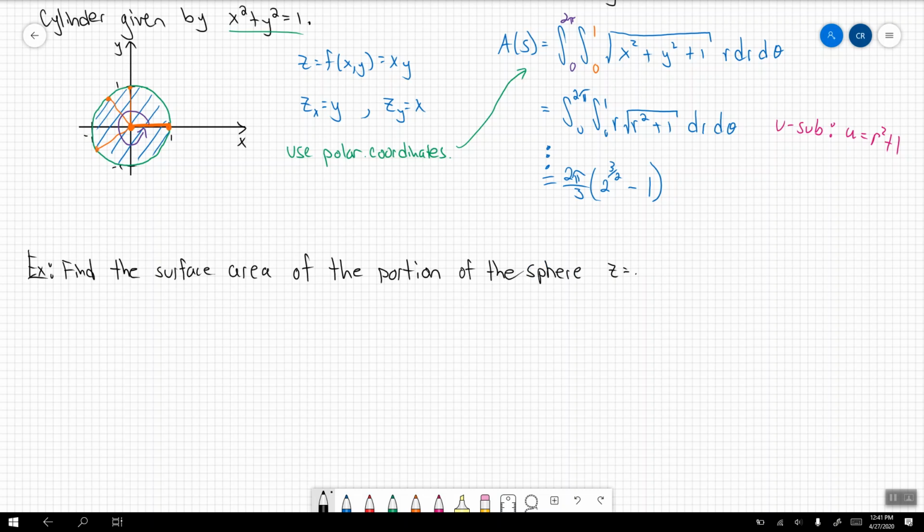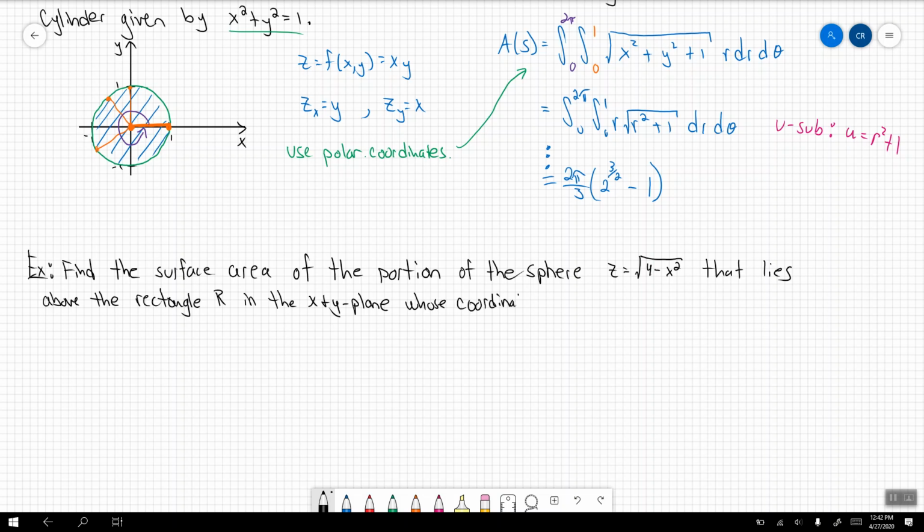Let's say z is equal to the square root of 4 minus x squared, that lies above the rectangle R in the x and y plane, whose coordinates satisfy that x is bounded between 0 and 1, and that y is bounded between 0 and 4. Nice.